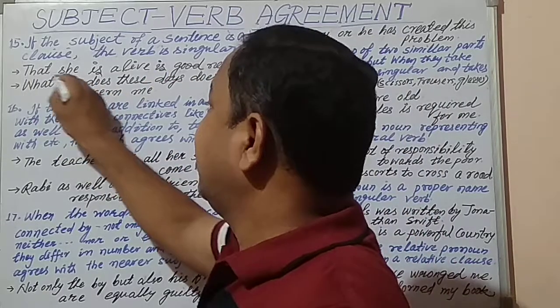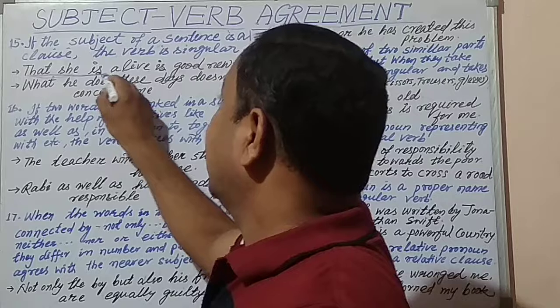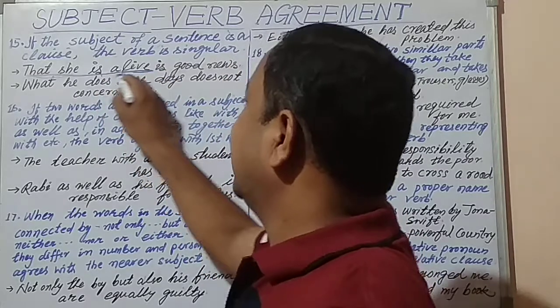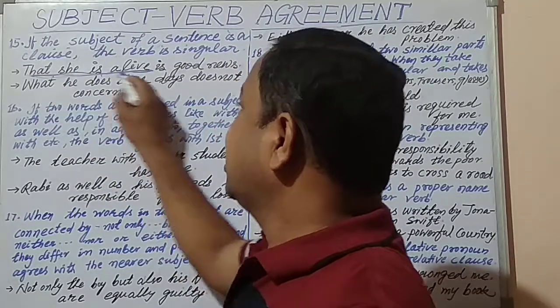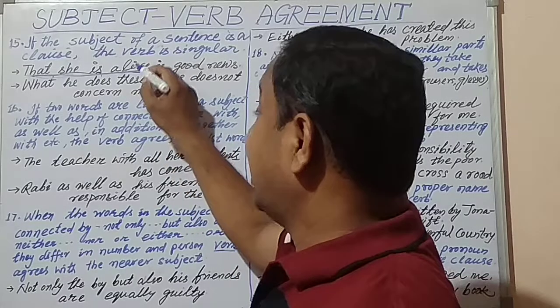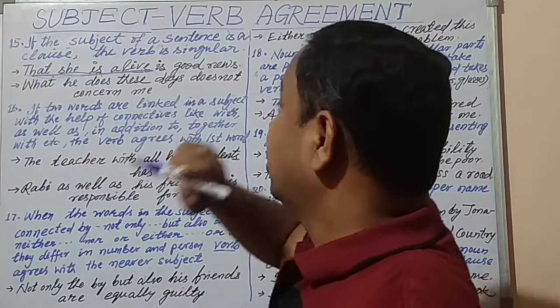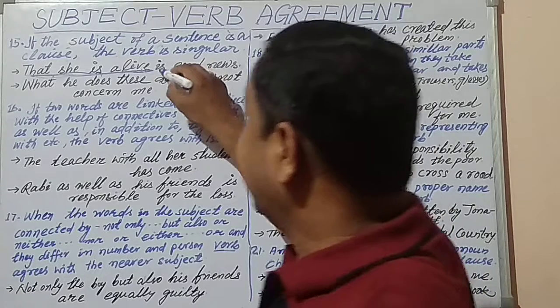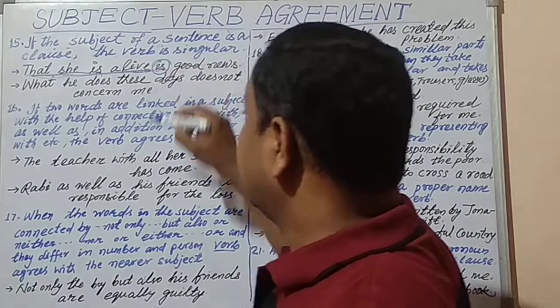"That she is Alif," this is a clause, and this clause is the subject here, so it is third person singular number. Your subject is singular, so it takes the verb is.